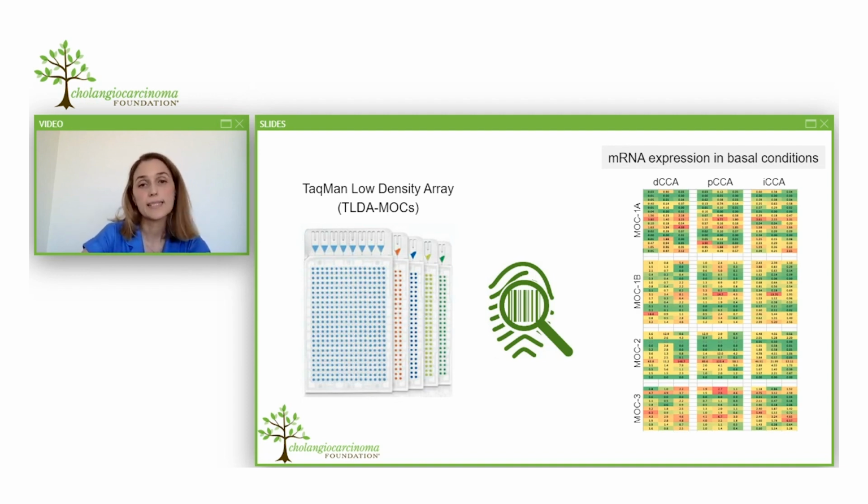We are analyzing the expression of genes in tumors from patients that are treated with GEMCIS, and we have seen that in basal conditions we have a very different expression depending on the genes from one patient to the other. We have the information of the radiological response, and I hope by the end of this year we will have the results of this study and we will have some conclusions.